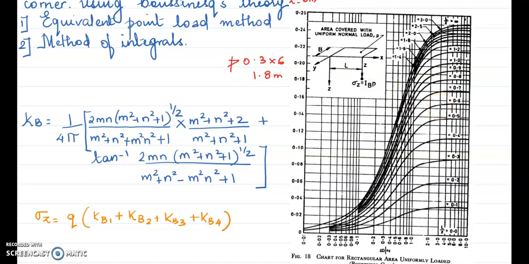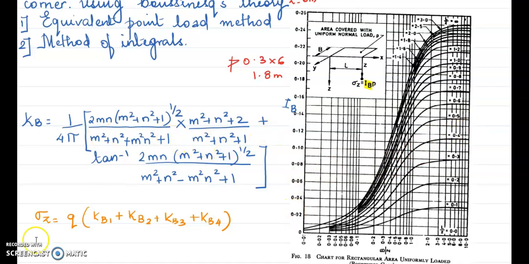IB is on the y-axis. Now, the moment you have the B by Z value, and you know the L by Z, you can see these curves, they are drawn for various values of L by Z.